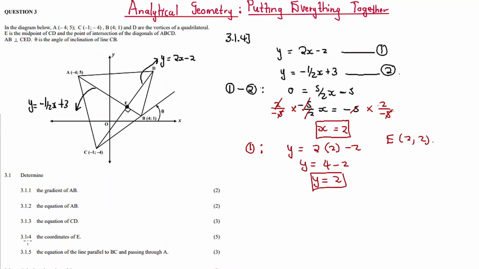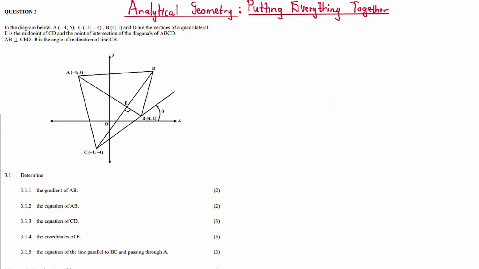Now 3.1.5, they want us to get the equation of the line parallel to BC. I'm going to hide this. Now let's address this question. But first, we need to understand what is really required of us here. Where's BC? Okay, here's BC.